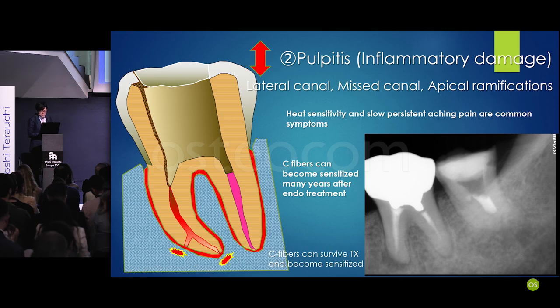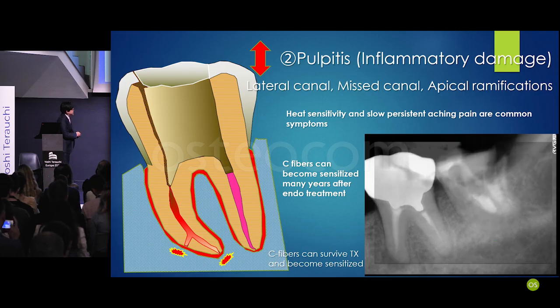Number 2, pulpitis. Sometimes you find the pulp still vital, surviving the retreatment. In this case, the patient complained about pain when he drank something hot, not something cold. Every time the patient had coffee or miso soup, he had pain.